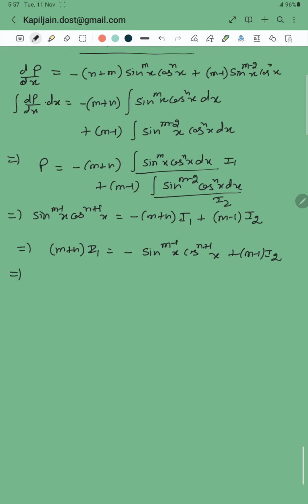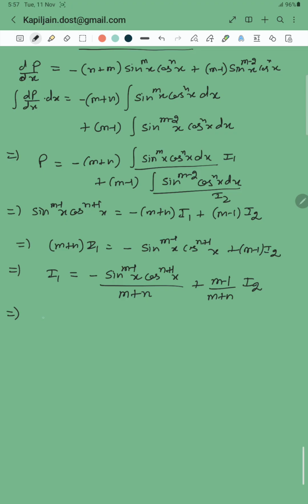So I1 is equal to minus sine raised to power m minus 1x cos raised to power n plus 1x divided by m plus n plus m minus 1 divided by m plus n I2.